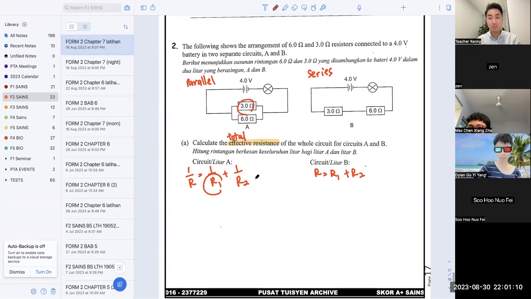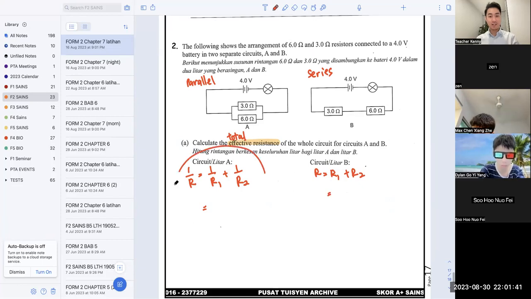Okay, now I give you time. Figure this one out. Find for me how much is the total resistance of the whole circuit if I put a 3 ohm resistance here and a 6 ohm resistance. When I use these two, what is the total resistance they are giving? All right, I give you time to do it now.